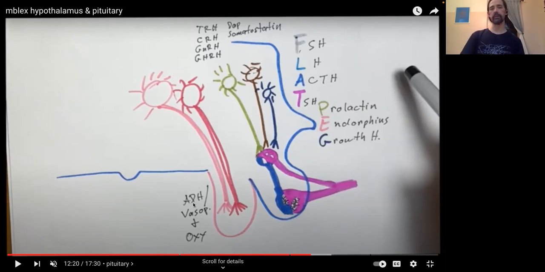So ADH is called antidiuretic hormone, and it's also called vasopressin. Antidiuretic hormone is to combat the loss of water. Diuresis means the expenditure of water.